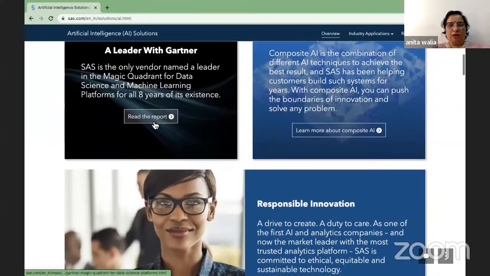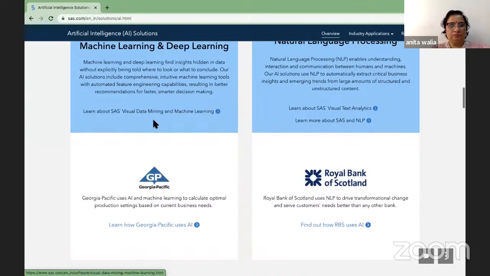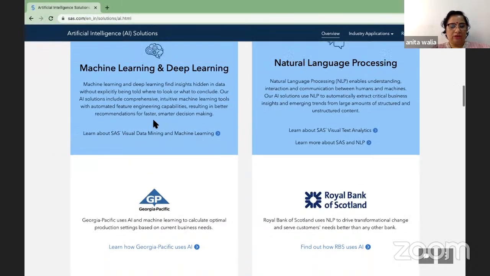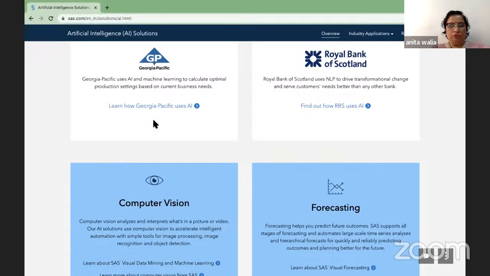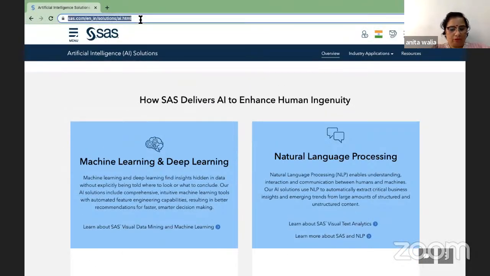So you can see what kind of solution they have provided: machine learning and deep learning, language processing, different companies and their solutions. I can't show you everything, but I will post this site in your chat box, and I want everybody to go through this and see. You can make a note of this.